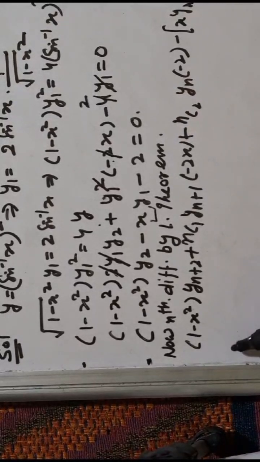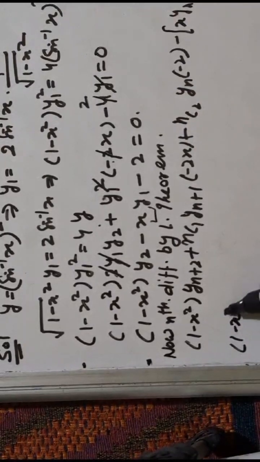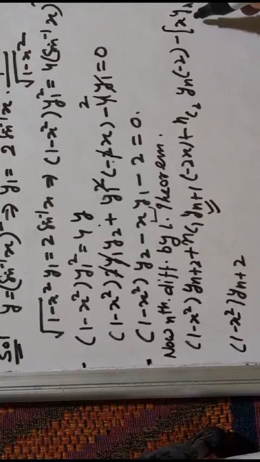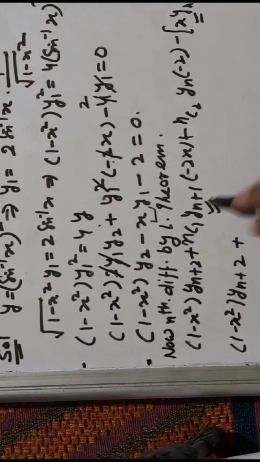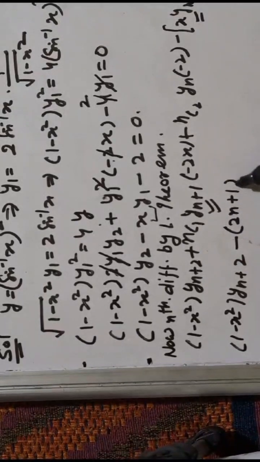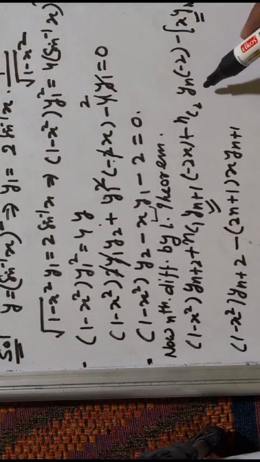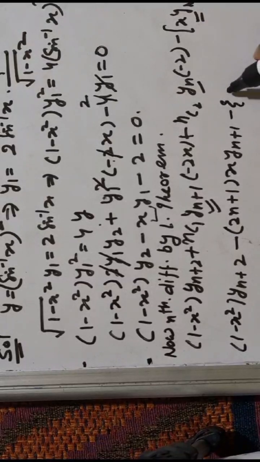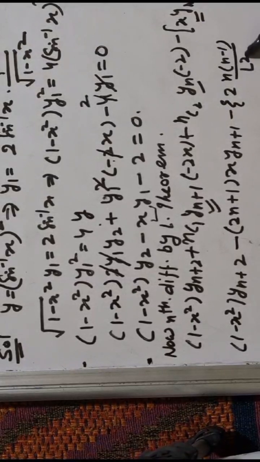Now collect the coefficient of different terms, that is we have 1 minus x square yn plus 2. Collect the coefficient of yn plus 1. On simplification, these two expressions, we have minus 2n plus 1 x yn plus 1. Now take the coefficient of yn, this being and this being, we have minus 2 nc2, whose value is n into n minus 1 upon factorial 2, and minus n, that is plus n.